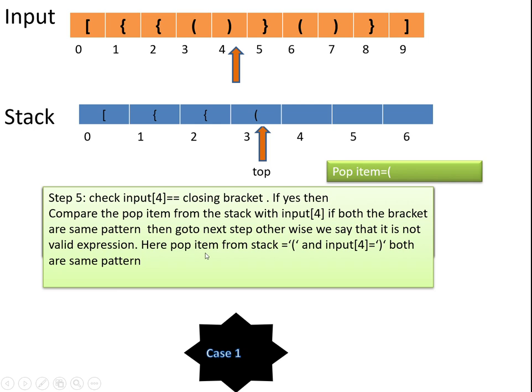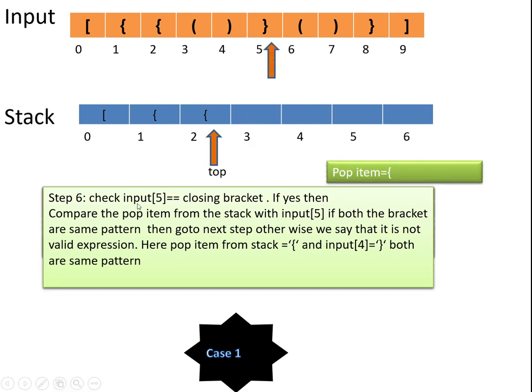Here, the popped item from the stack is this, and both are the same pattern. This is the closing parenthesis and this is the opening parenthesis. So both are the same pattern, so we can pop out these two easily.